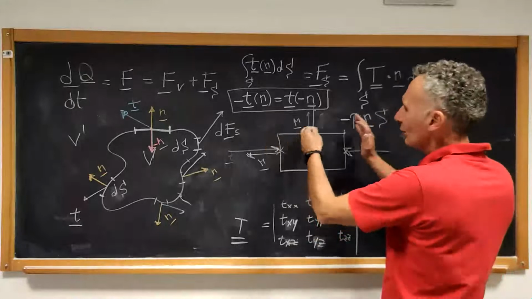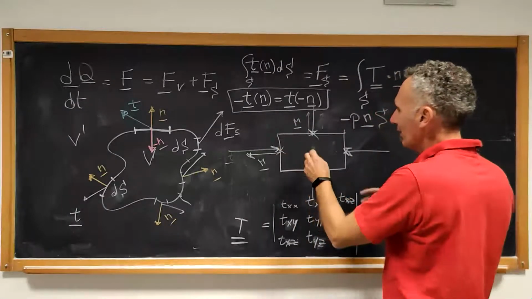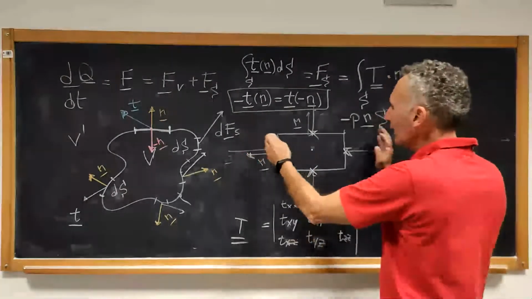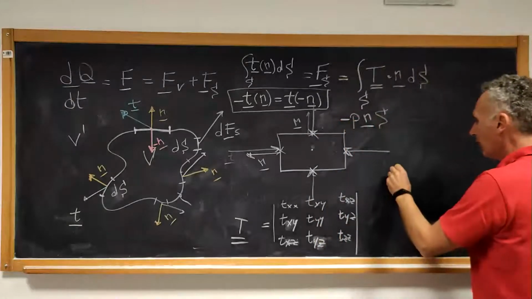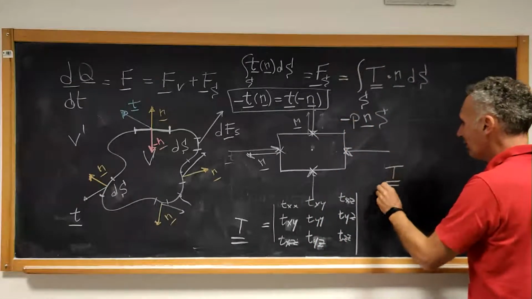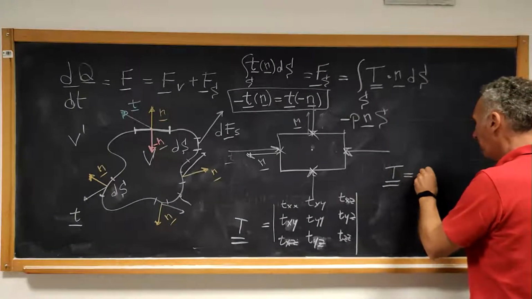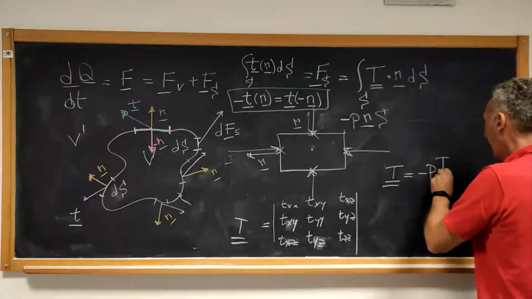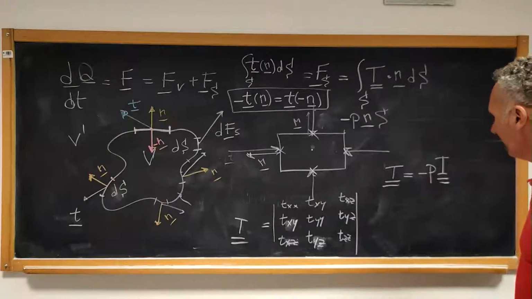What we need to do is make the balance, the equilibrium of this element about some point, shrink the element to 0, and the final solution is that the tensor T must be given in this form: minus P I.